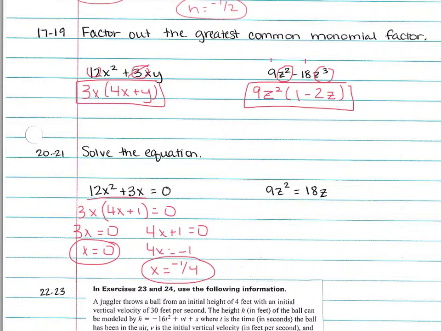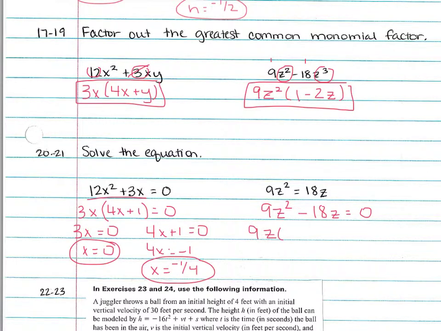On the second one, I need to move the 18z to the left side before I can actually factor it and then solve it. So when I move the 18z, it's going to be minus 18z, and all of that will equal 0. I can factor out a 9z.